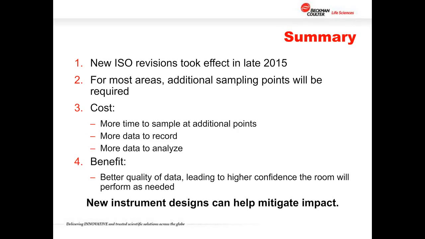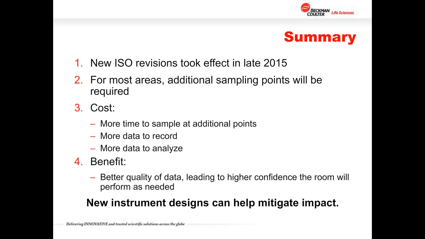So in summary, we see that these ISO revisions affect the number of sample points, and this came in as of December of 2015, so this is in effect today, and it may change the operation in terms of time, and you have to deal with more data to record and more data to analyze.